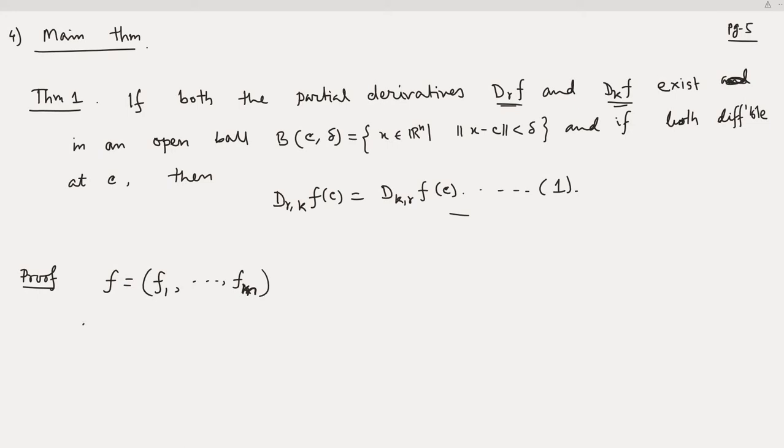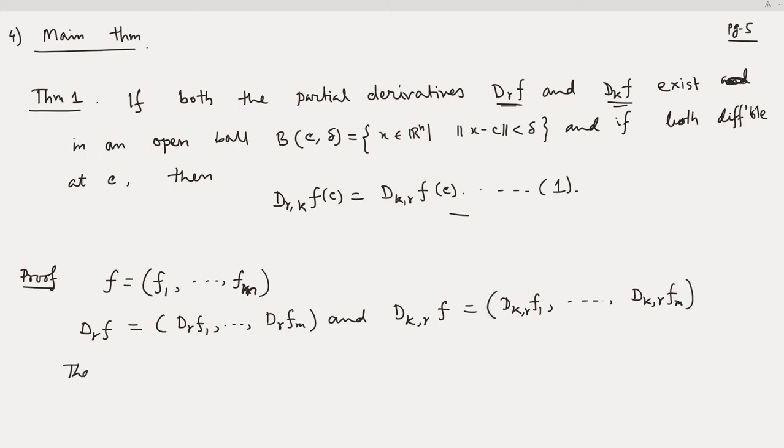Then the rth partial derivative of f is equal to (D_r f1, and so on, D_r fm), and D_{k,r} f is equal to (D_{k,r} f1, and so on, D_{k,r} fm).